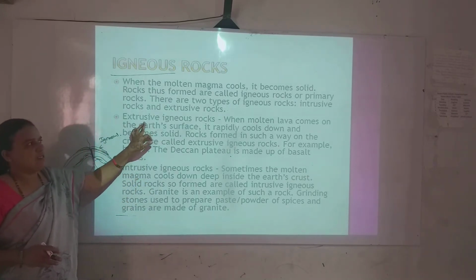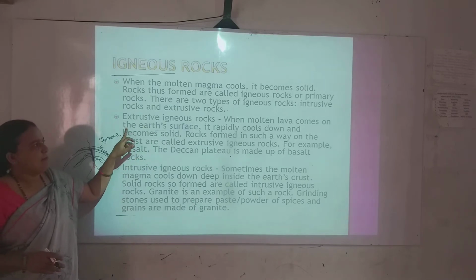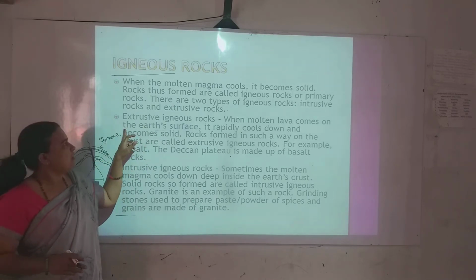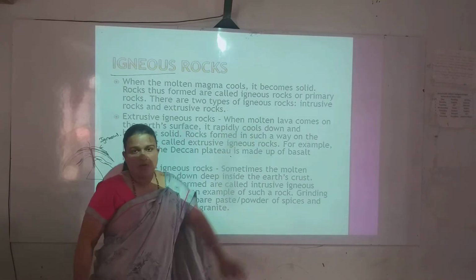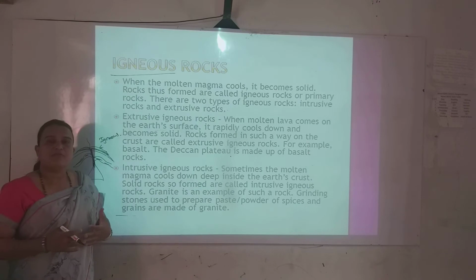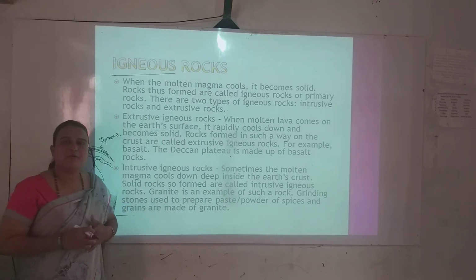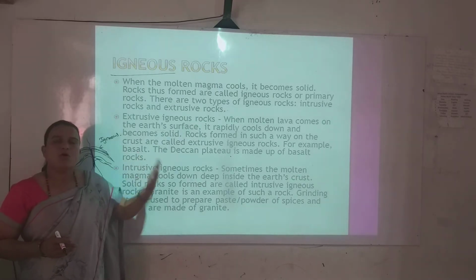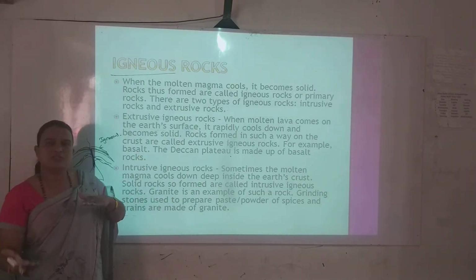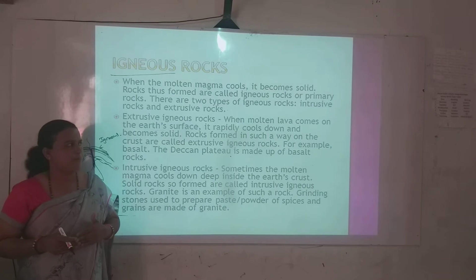Now extrusive igneous rocks form when molten lava comes onto the earth's surface. When magma comes onto the earth's surface, we say lava, but before coming to the surface, while it is inside, we say magma.